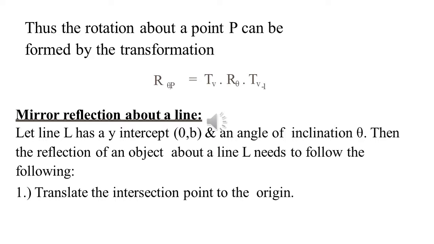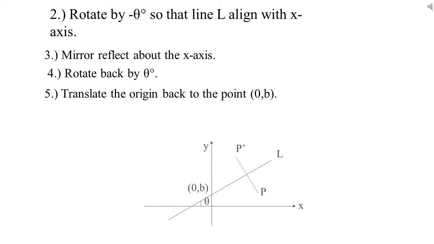Then the reflection of an object about line L needs to follow these steps. First, translate. Second, rotate by theta so that line L aligns with the x-axis. Third, mirror reflect about the axis. And fourth, rotate back by theta.